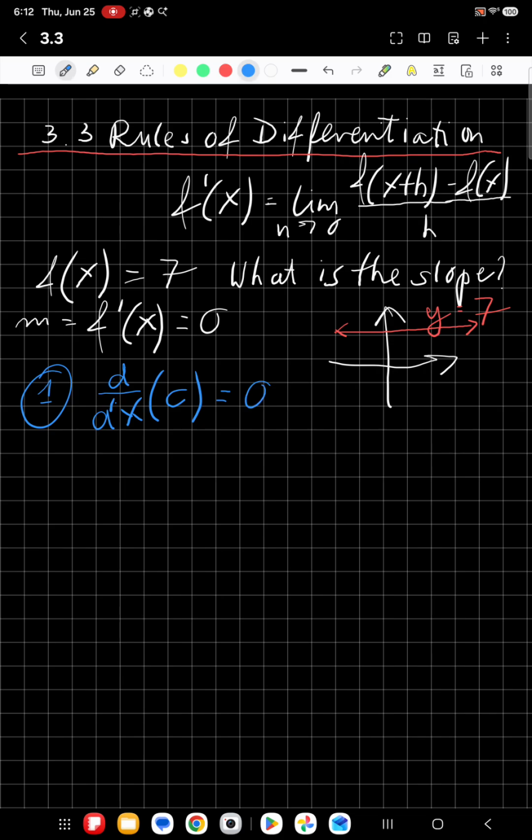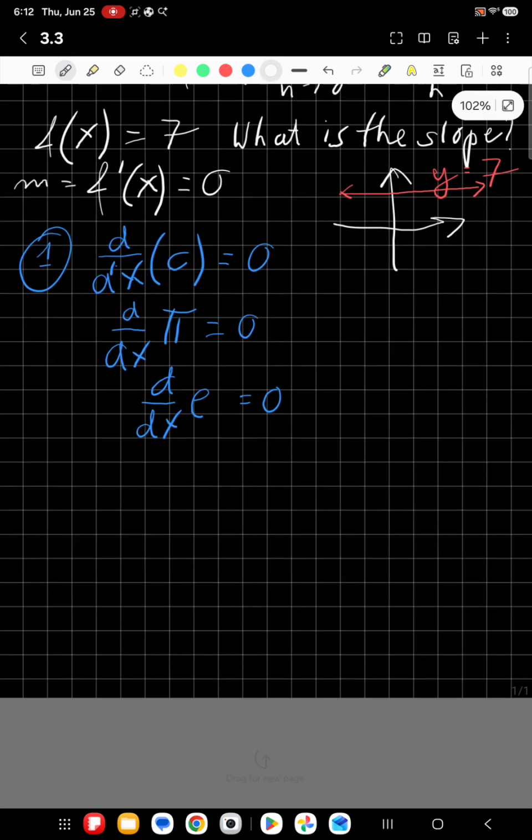Any constant. For example, the derivative of pi is 0, and the derivative of the number e is 0, etc.